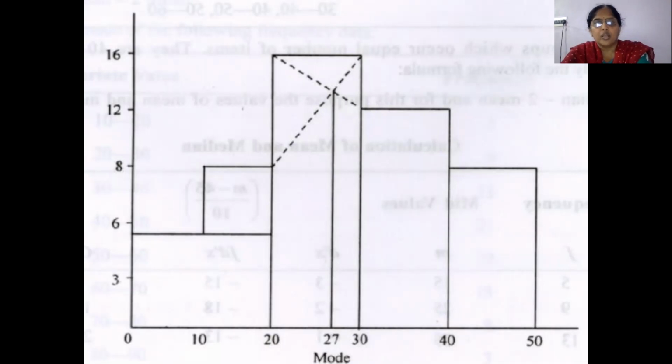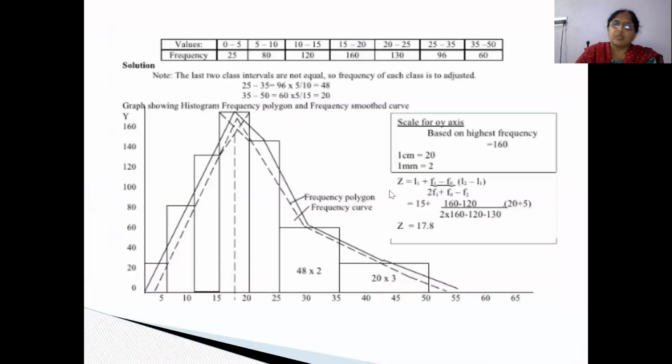It is by the graphical method that we show. The same problem can be shown problematically, that is also shown. See here, 17.8, here also 17.8. Graphically we have shown, and problematically we have shown, that it is 17.8.